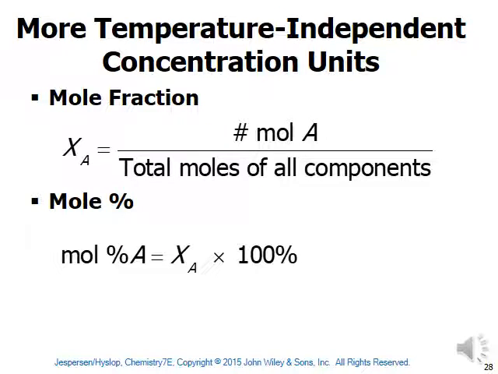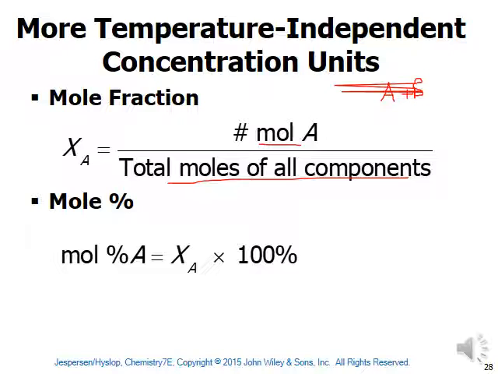Okay, more temperature independent concentration values. One is called mole fraction. Let's say you have a substance that's made out of A and B, and what you want to do is find out how much of it is A and how much of it is B. So the mole fraction of A is going to be the moles of A divided by the total moles of A plus B. Or you can do the mole percent, which is simply this number up here.